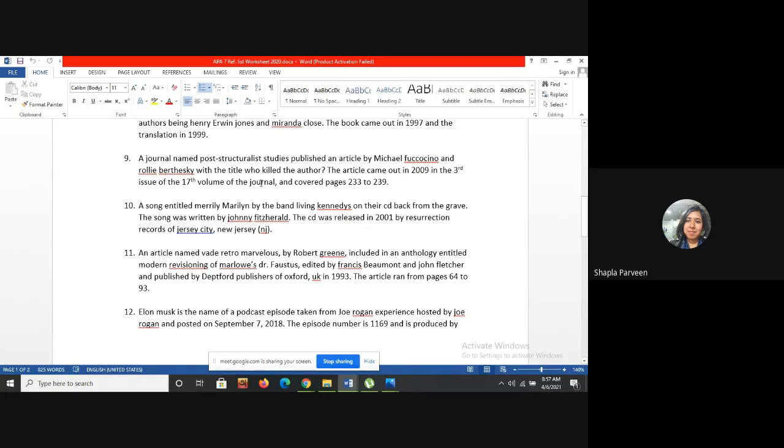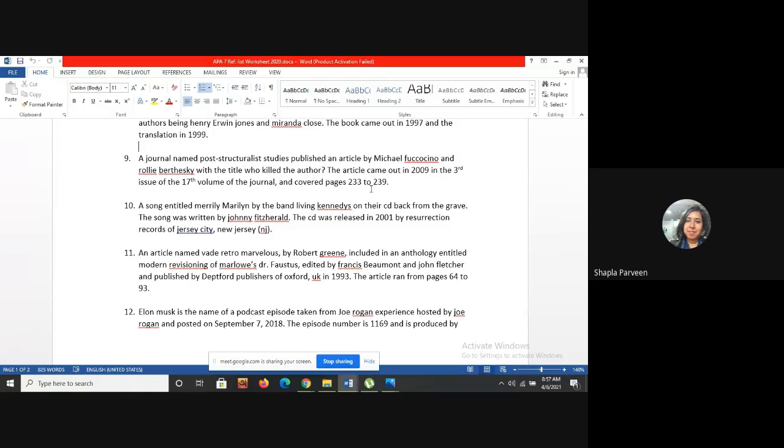So that's the name of the article. The article came out in 2009 in the 3rd issue of the 7th volume of the journal, and covers pages 233 to 239.